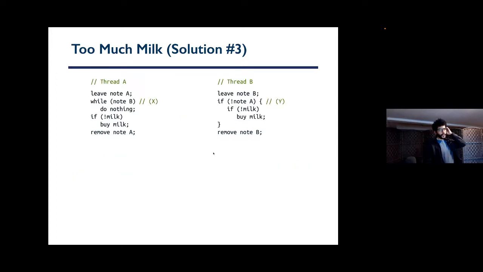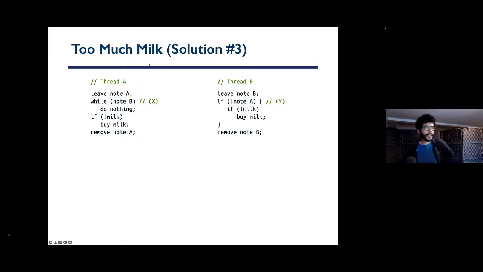OK, so let's look at solution 3. Now, in solution 3, I'm changing the code a little bit. So instead of just checking for note B, I keep checking for note B, right?